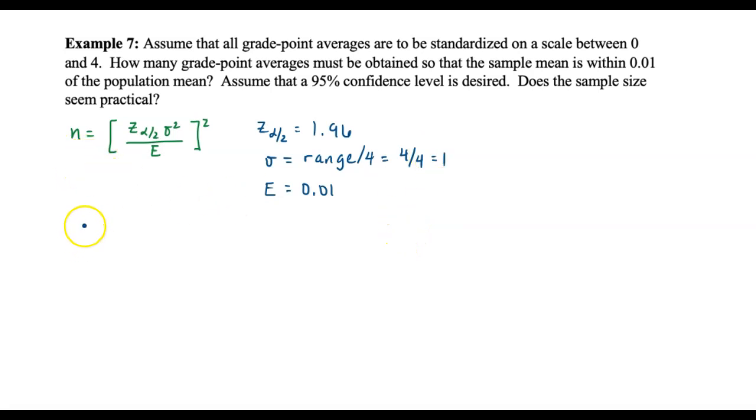Plugging everything into this formula, we get that n is equal to the quantity 1.96 times 1, divided by 0.01, and all of that is going to be squared.